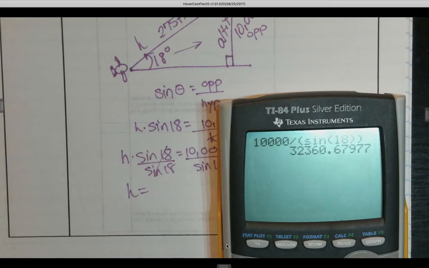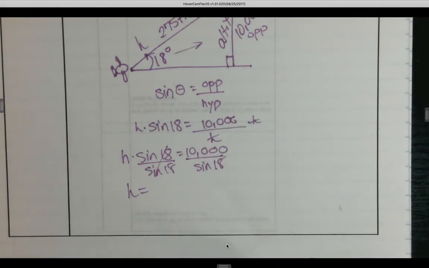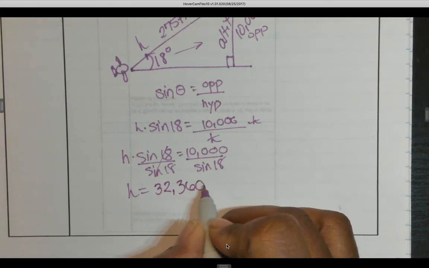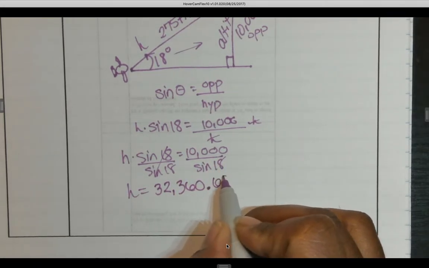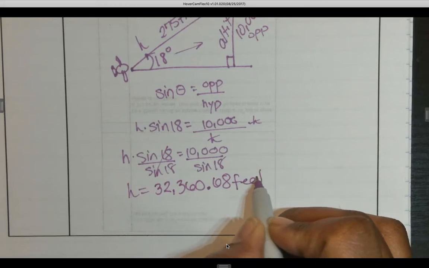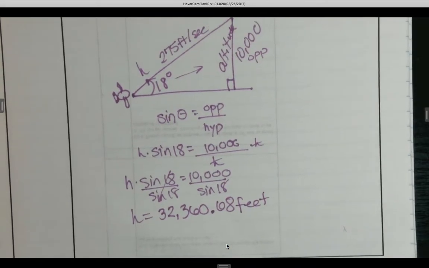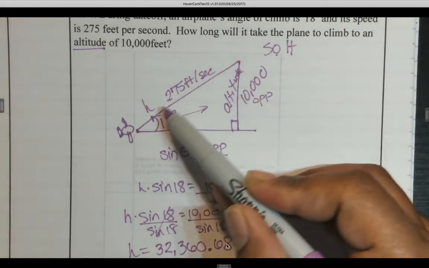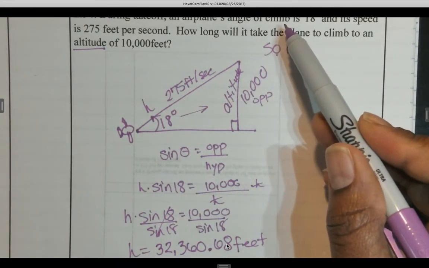I get 32,360, so let's put that in as our hypotenuse, 32,360.68 feet. Which is good. That tells me how long this hypotenuse is, like how far the plane has basically gone into the air.